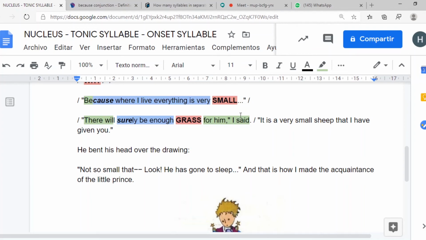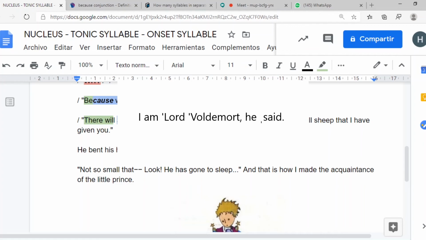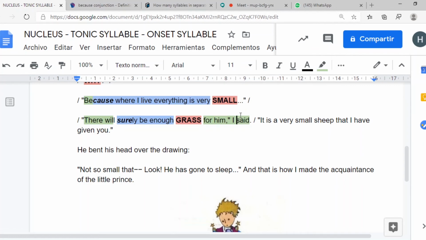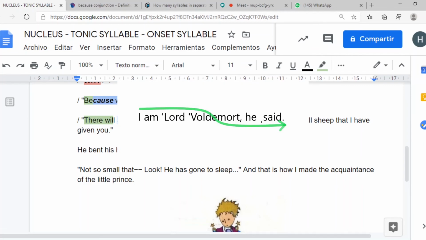So that's why we're doing this. We need to know where our head starts, which is our tonic syllable. We need to know if we have tails, and then we will compare the types of tail, because we have high tails, low tails, high heads, low heads, in order to make these melodies of intonation.